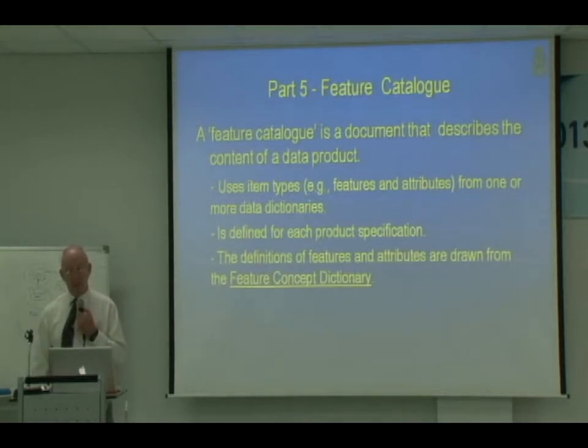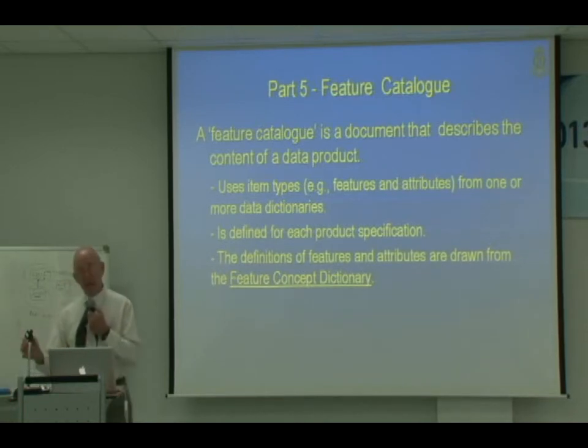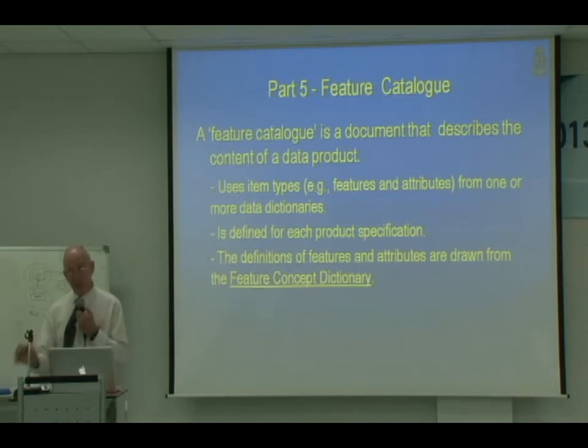All right, feature catalog describes the content of a particular data product. Okay. Features and attributes from one or more data dictionaries. Okay, now let's go back now. Features and attributes, how would that be related to S57? We had objects for features. Exactly. All right.